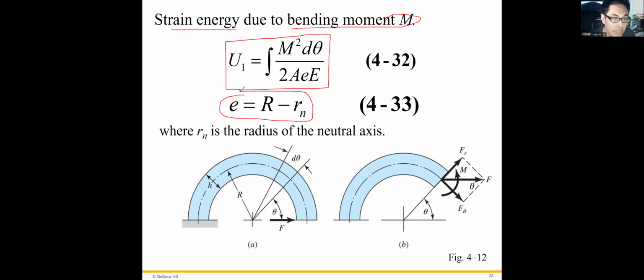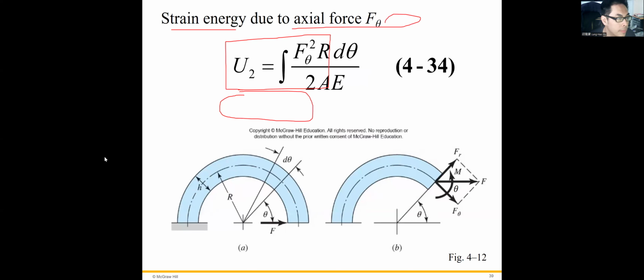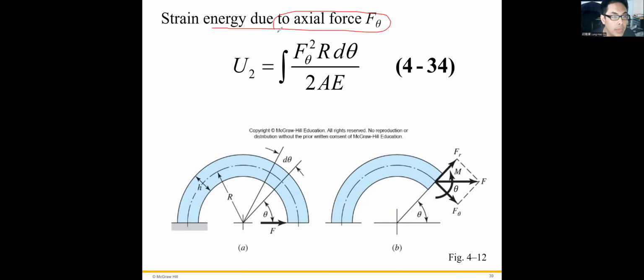Rn is the radius of the neutral axis, and R is the radius of this curved beam. And the second term is the strain energy due to the axial force. This is its strain energy.